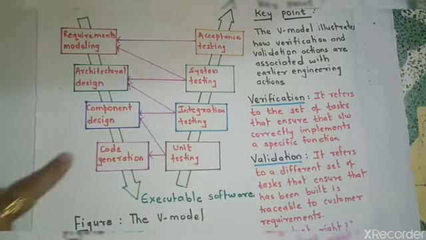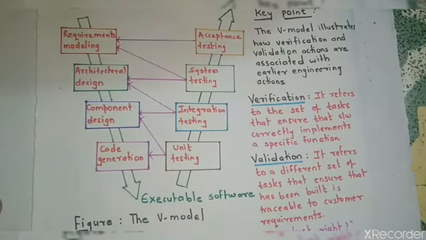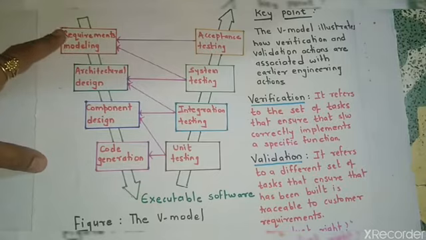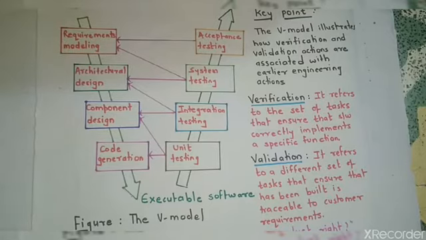So verification can be called as the activity for which we do not have to execute anything. Once the requirement document is prepared, I can give it for review to my customer, to other stakeholders, to management teams, so that they understand whatever we have written is actually what they are expecting. So there is no miscommunication.